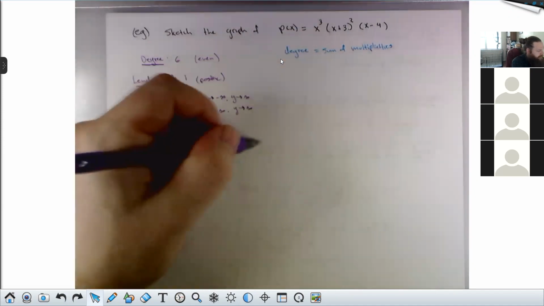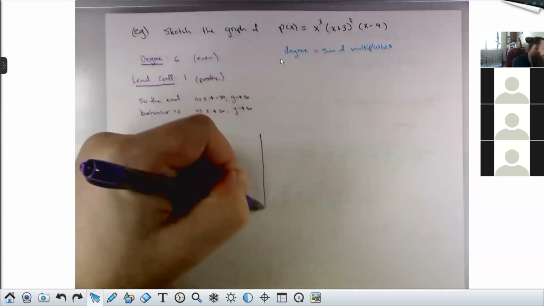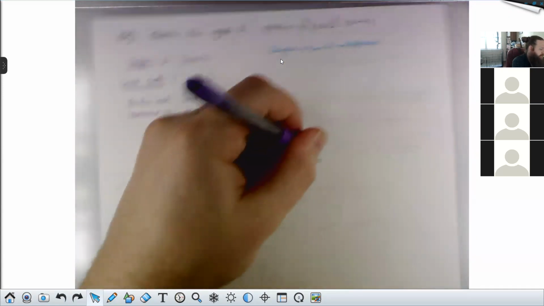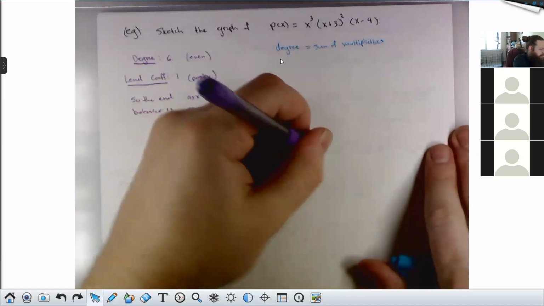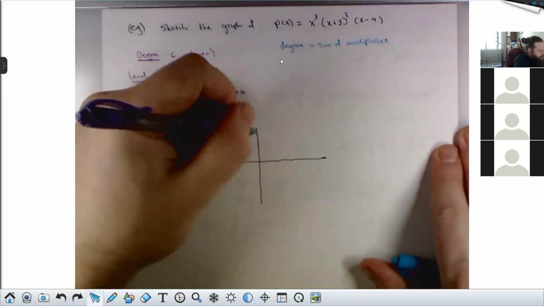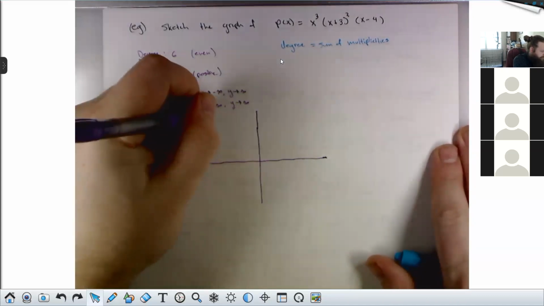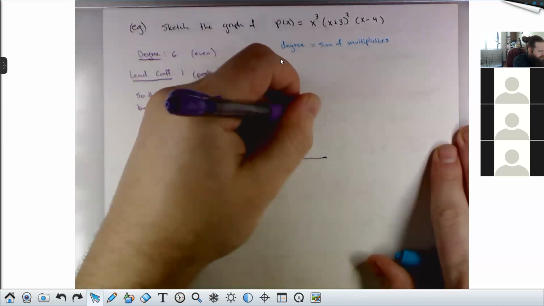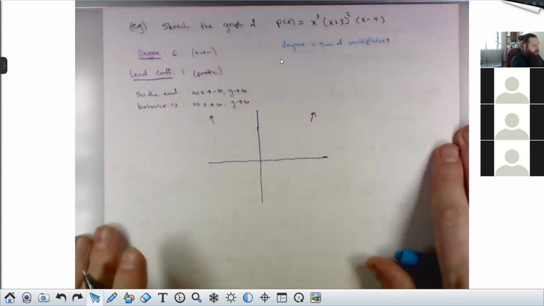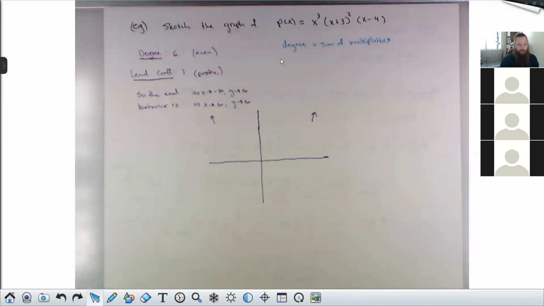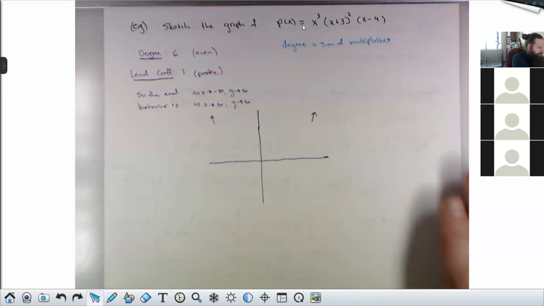In other words, I can begin drawing my graph with arrows going up on both sides. I don't know what else is going on, but I know it's got these arrows going up on both sides. The next thing I need to do is say, what are the x-intercepts, or what are the roots?